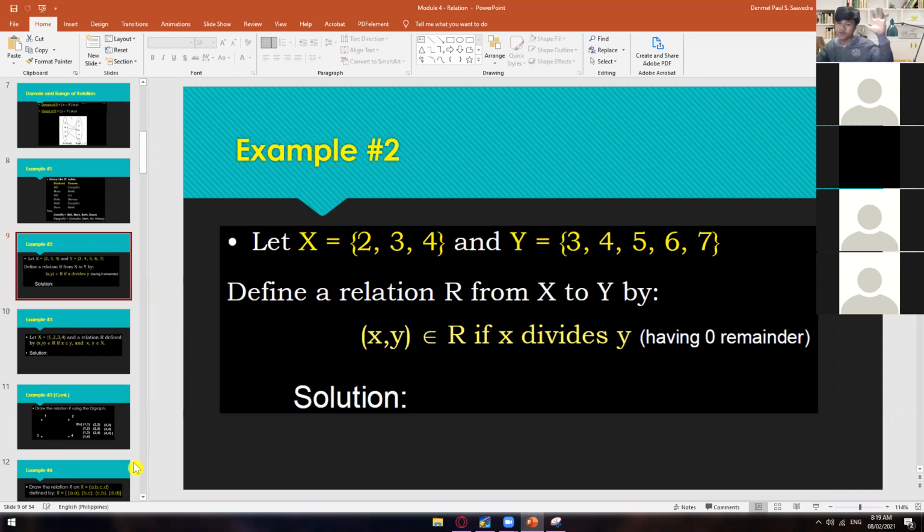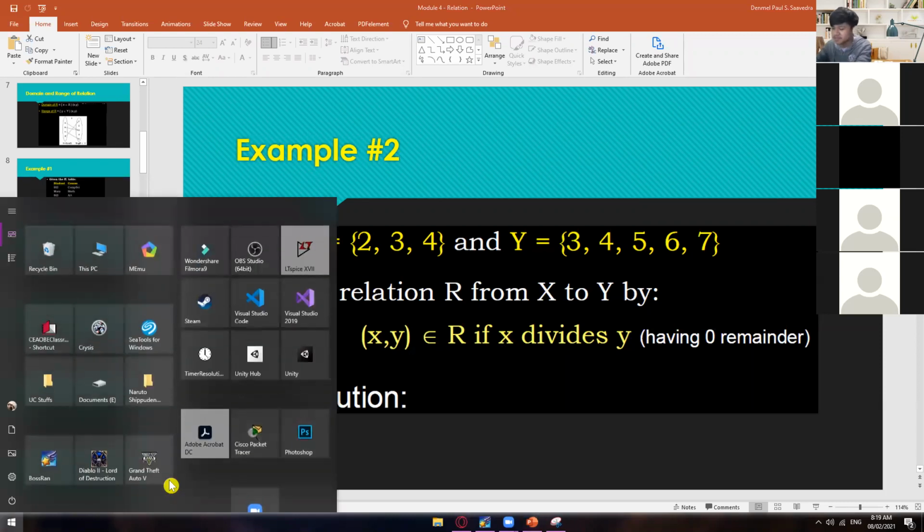Sir, y divided by x. Y divided by x. So the correct answer is y divided by x. Okay, so don't get confused on this one. X divides y, meaning your x is going to divide the y. So meaning your x is the divisor. Okay, so don't get confused on this one. It doesn't mean that it's x divided by y.